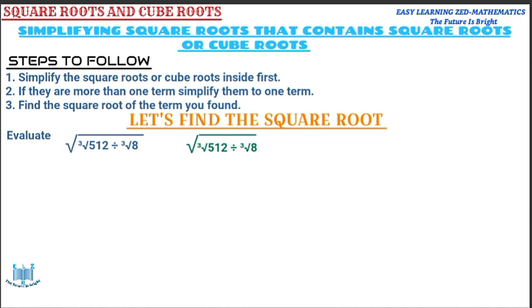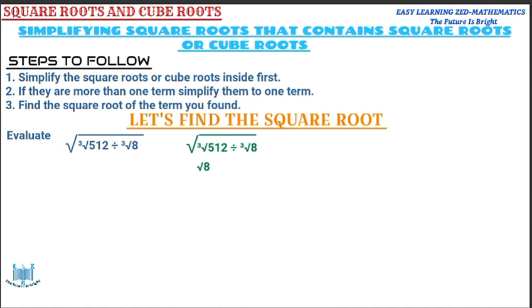The number is 8. So I'm going to write the square root sign first, then the cube root of 512, which is 8. So I'm going to write 8 there.